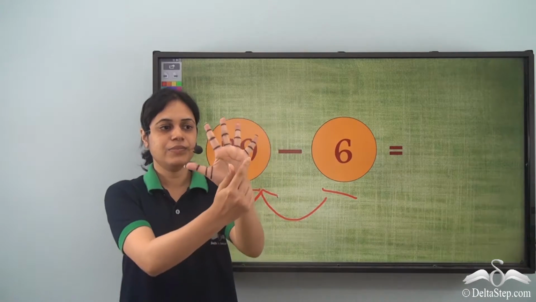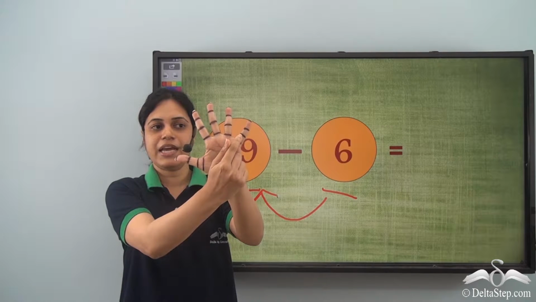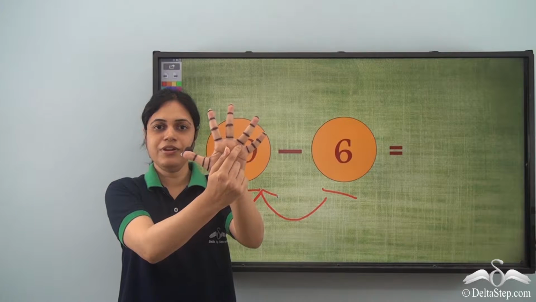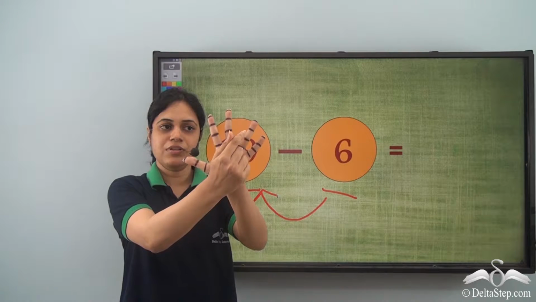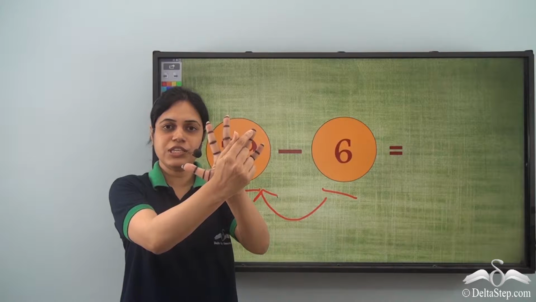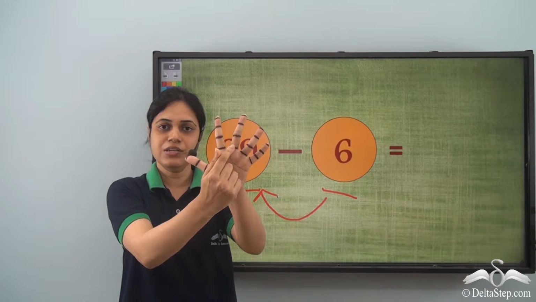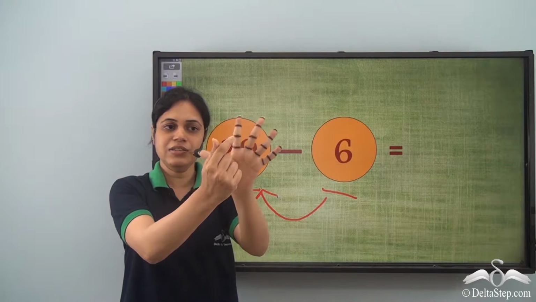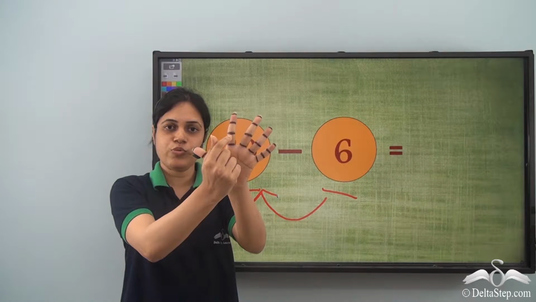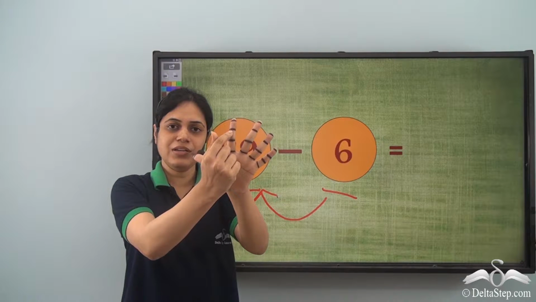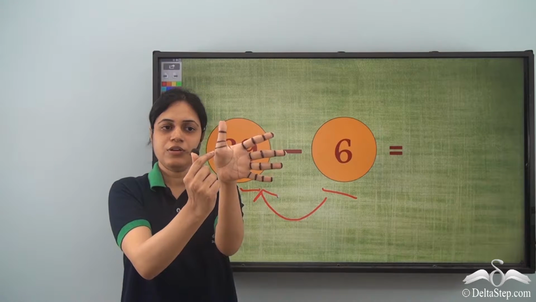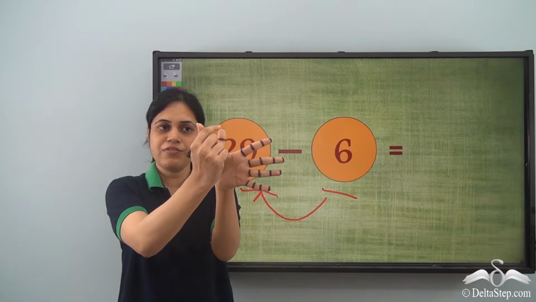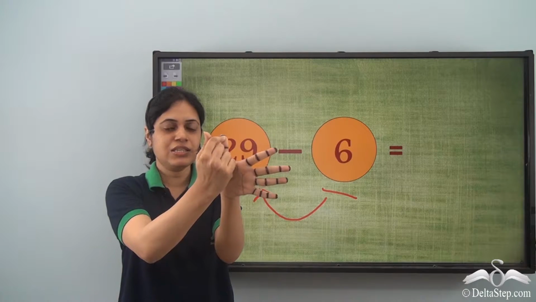Let's do that. 7, 8, 9, 10, 11, 12, 13, 14, 15, 16, 17, 18, 19, 20, 21, 22, 23, 24, 25, 26.